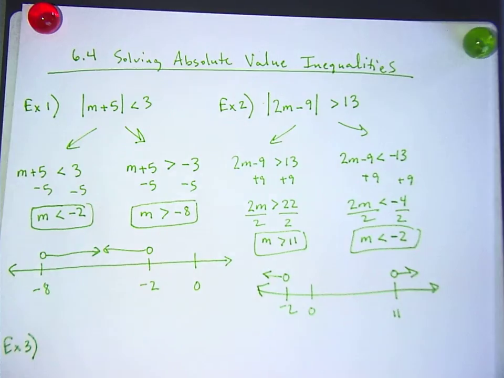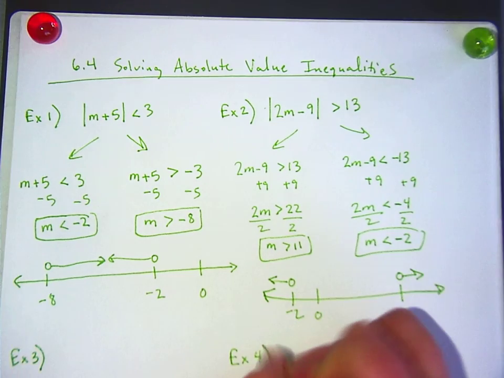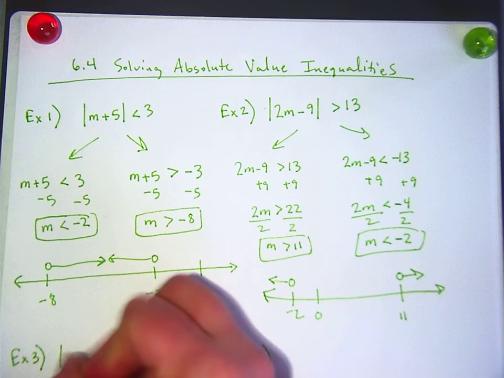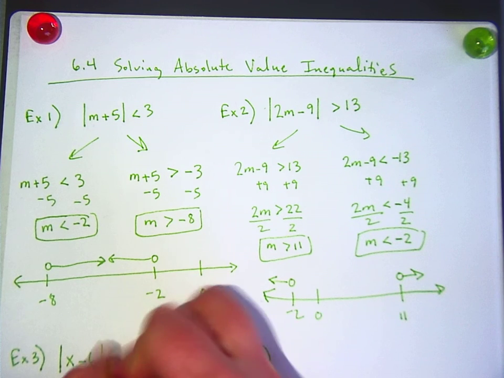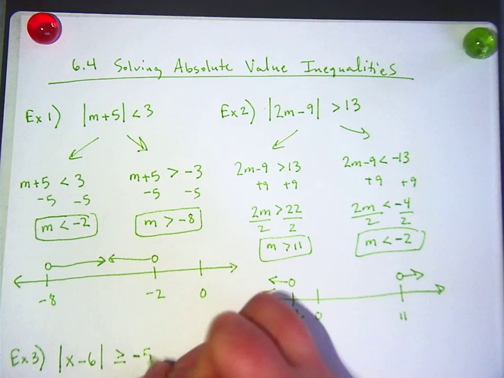Okay. All right, I'm gonna give away 2 more prizes, and these are going to be 2 problems that are very fast. And we're not even gonna be doing math with them, we're just gonna be talking about them. So write down the problem, but that's all you need to do. Absolute value of x minus 6 is greater than or equal to -5.